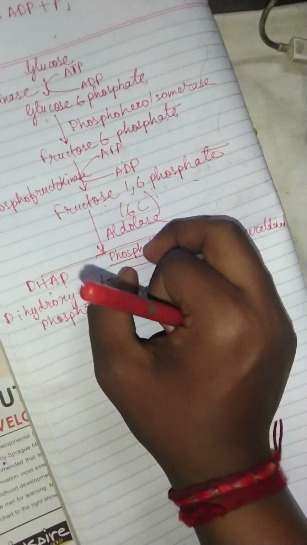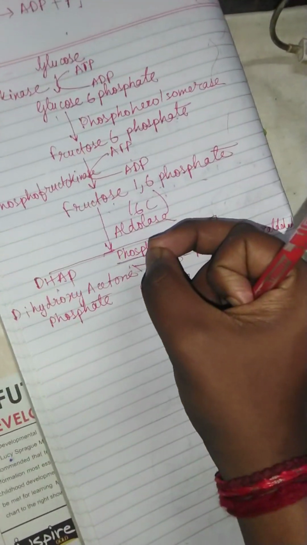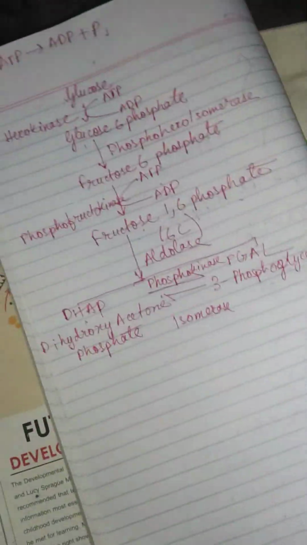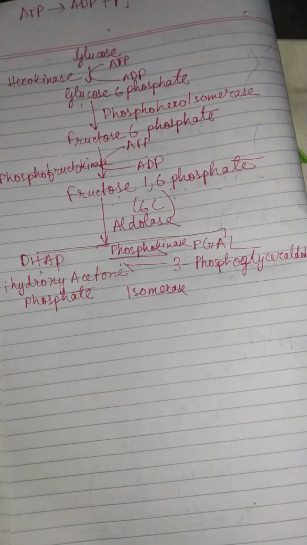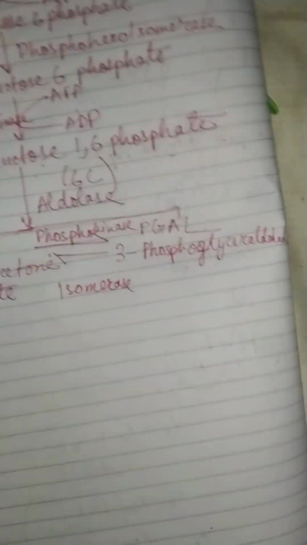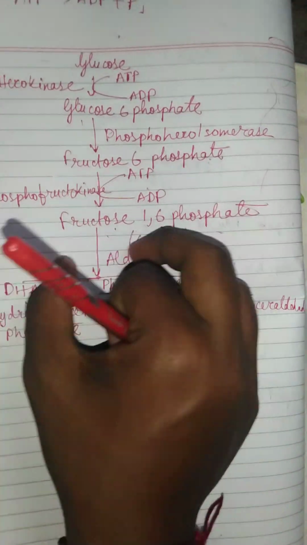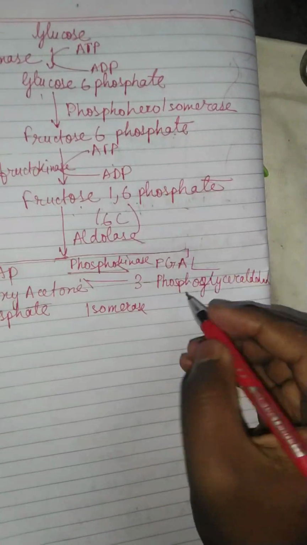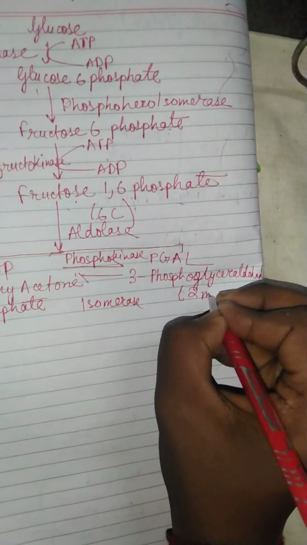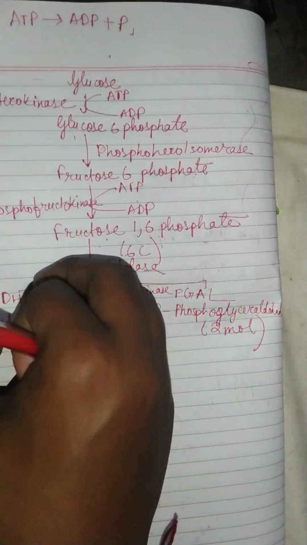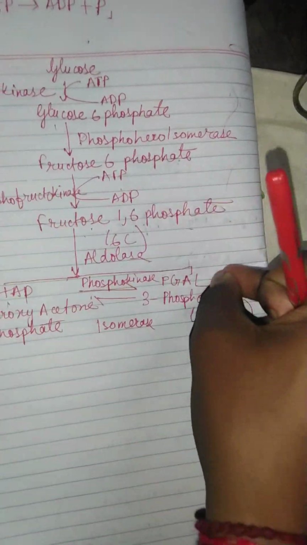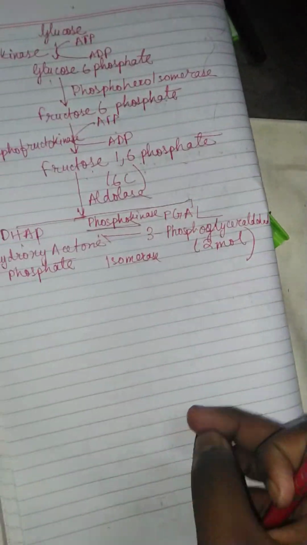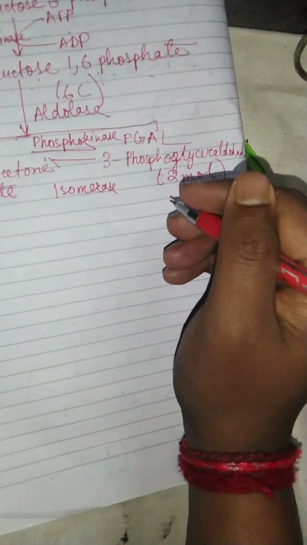This enzyme is responsible for reversible conversion between DHAP and phosphoglyceraldehyde. Now this DHAP converts over here, so we are having 2 moles of phosphoglyceraldehyde. So we will be proceeding further with only phosphoglyceraldehyde.